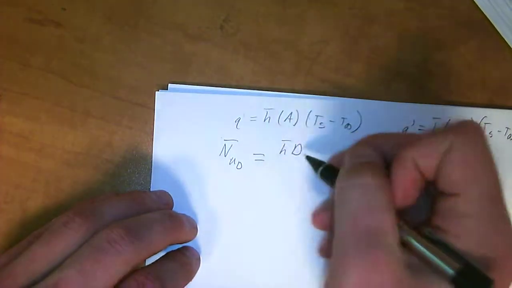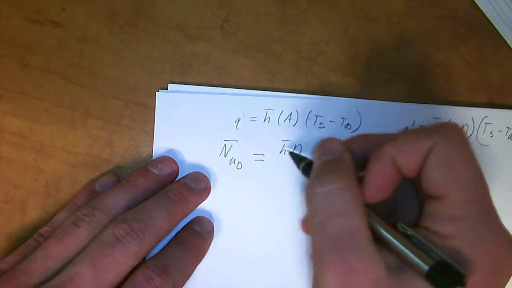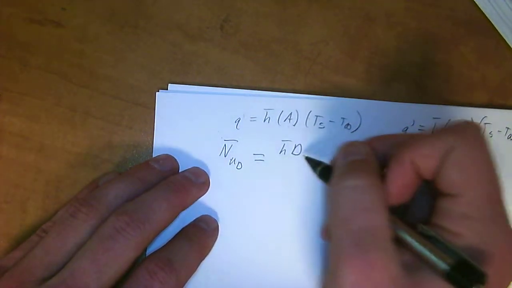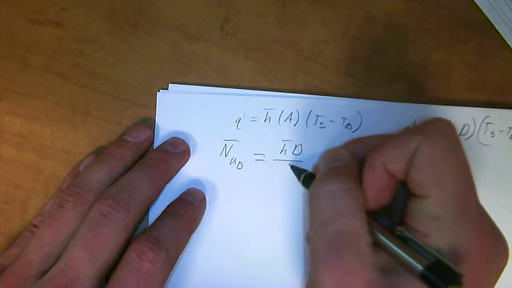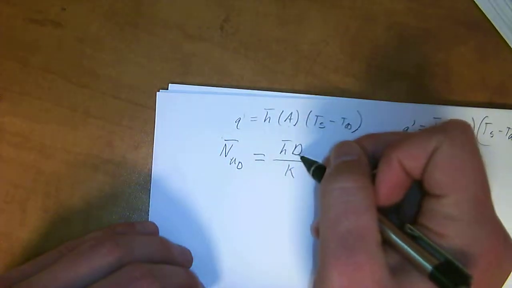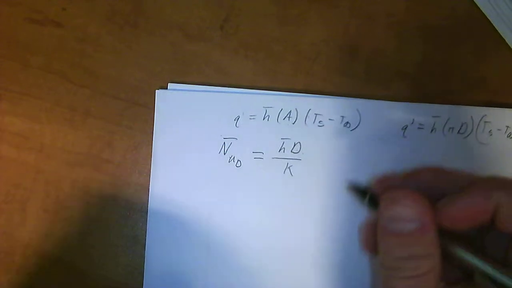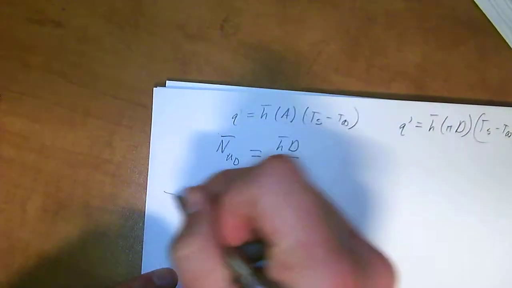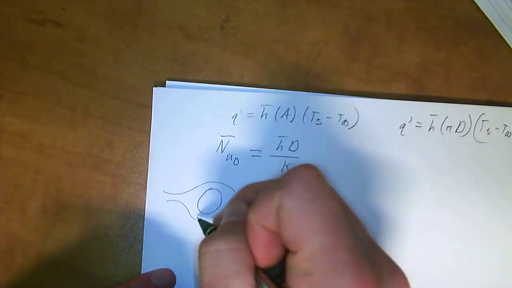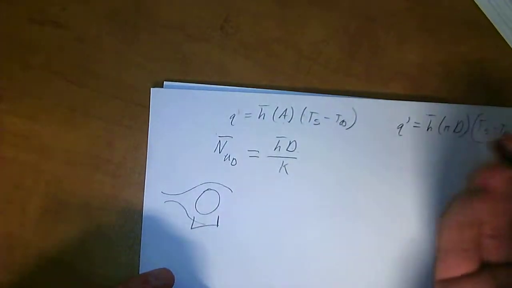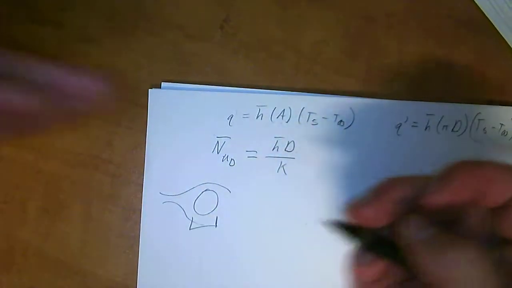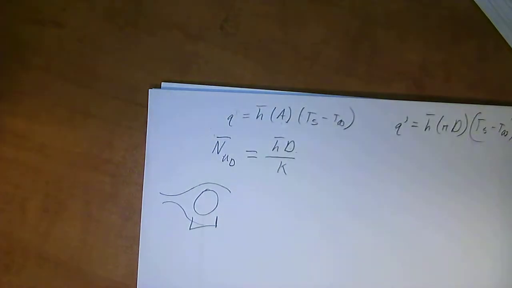If you've ever done anything with Nusselt number before, you'll know that it's also hL over k if you're working with a plate. But if you're ever working with a cylinder, the diameter of the cylinder is considered the characteristic length, so long as the cylinder has a cross flow like this. Only when it's in this situation. If you have a cylinder in a straight flow, then that's a whole different kind of problem.